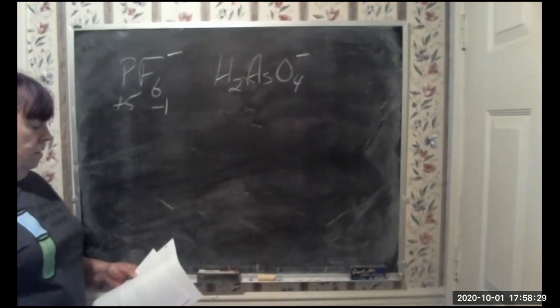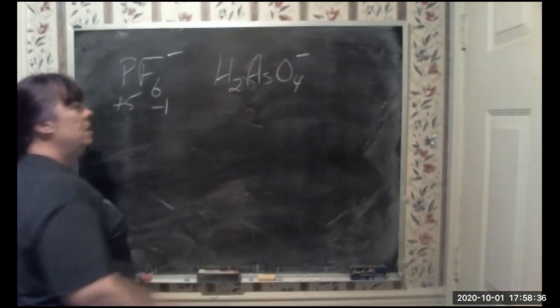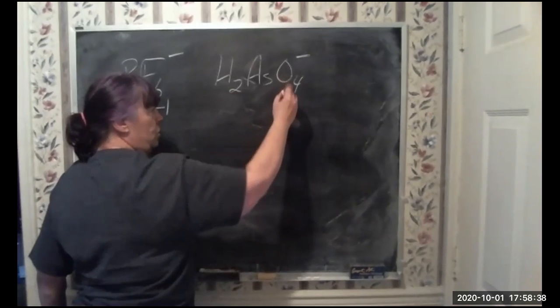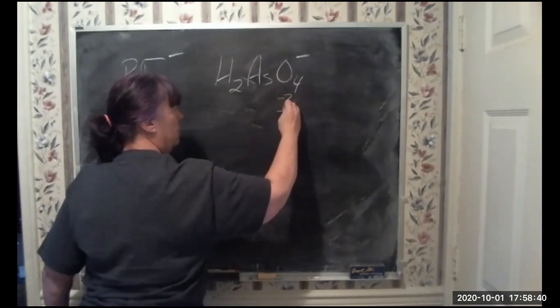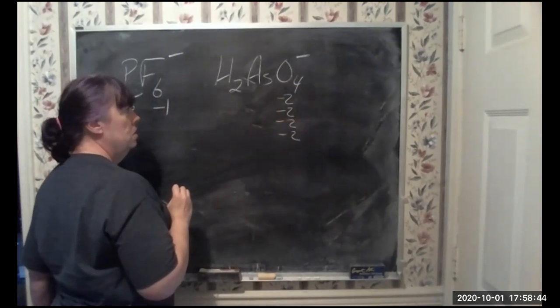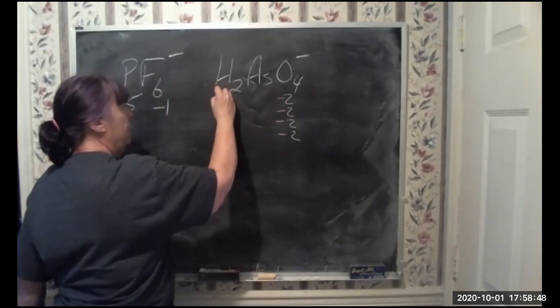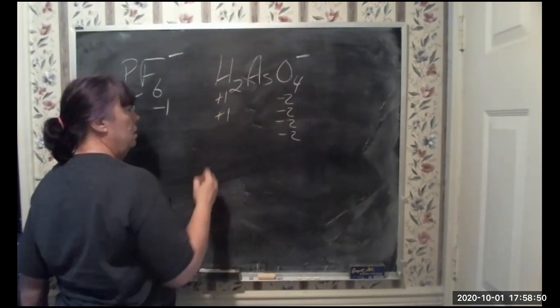H2AsO4. This is one that you kind of have to do from the outside edges toward the middle. Take a look at your oxygens. I mean, we're going to kind of write these out. We've got 4 of them, so 4 -2s. Hydrogen is kind of normal here. It's not part of our hydride or anything, so it's +1 and +1.